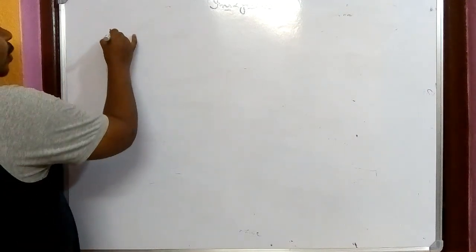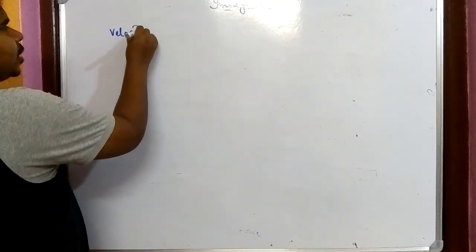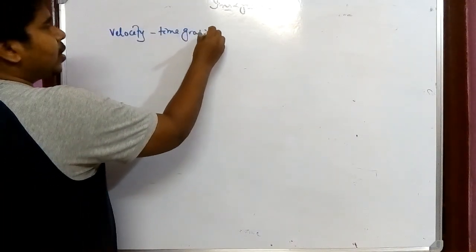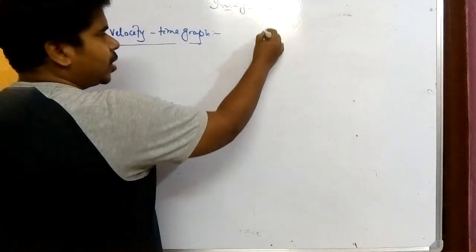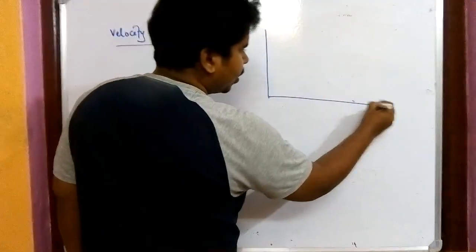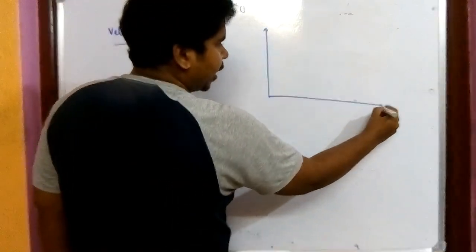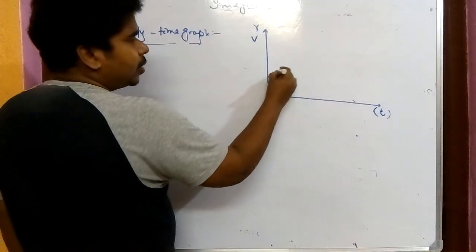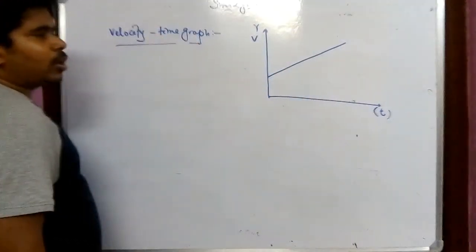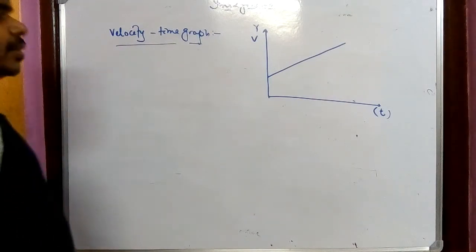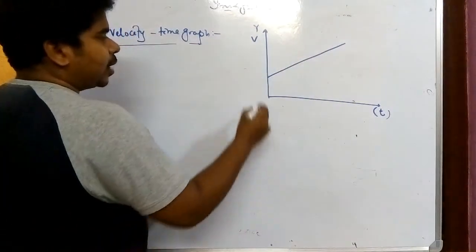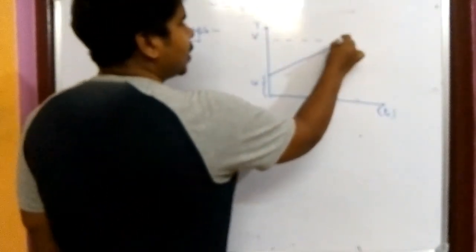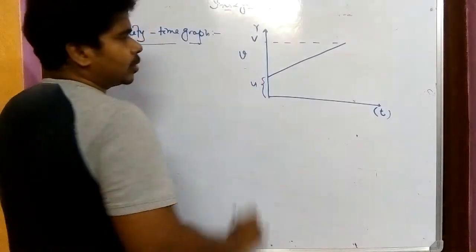Remember, when we learned the velocity-time graph, along the x-axis we took time, along the y-axis we took velocity, and if a body moves with constant acceleration, the graph looks like this. This distance is known as the initial velocity, and this height is taken as the final velocity v.